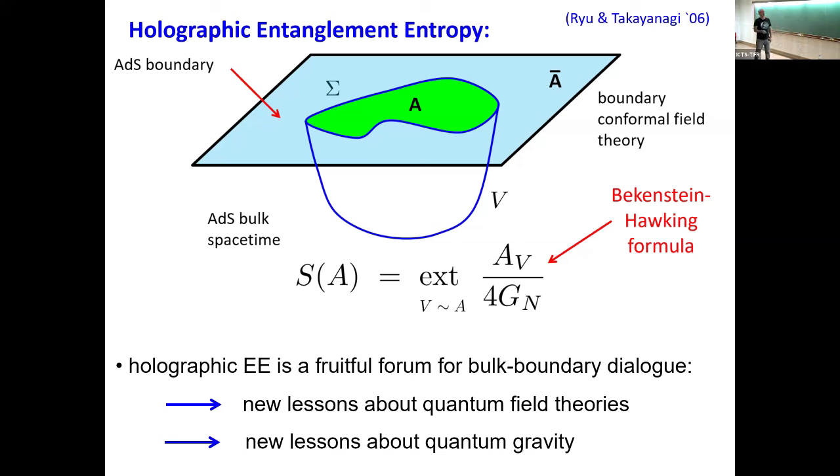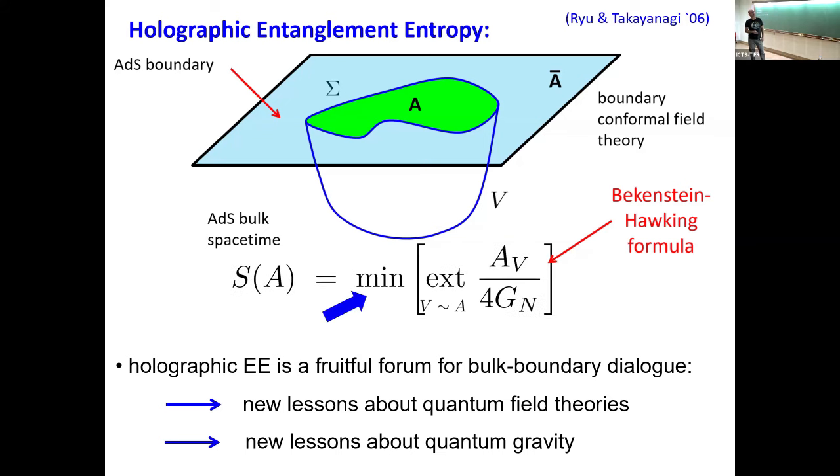There's one technical point that I wanted to remind you about: in certain cases, we may find more than one extremal surface, and in that situation, we're instructed to choose the one with minimal area.